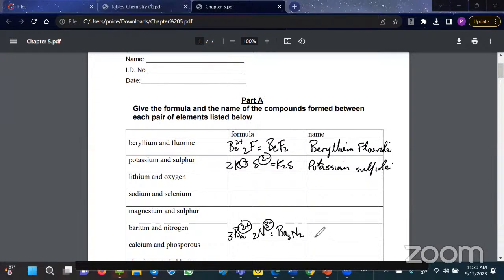And what would be the name of the compound? Barium nitride, very good. Okay, so I hope that helped whoever asked. Who is it that asked that question? Miss Hersey, I hope that answers your question. It did, thank you.